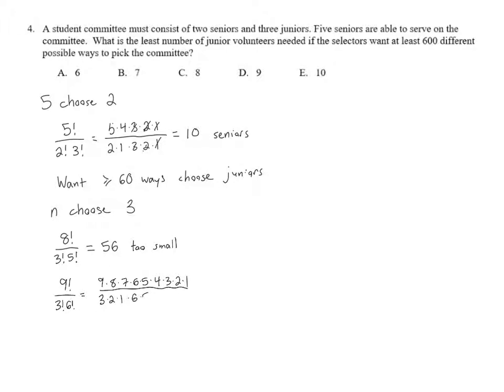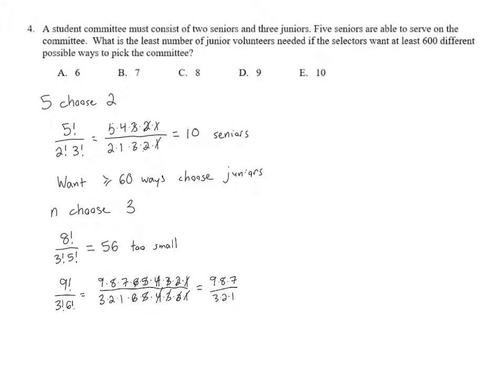And then 6 factorial is 6 times 5 times 4 times 3 times 2 times 1. The 6's and 5's and 4's and 3's and 2's and 1's cancel. If we look at what we're left with, we've got 9 times 8 times 7 over 3 times 2 times 1.